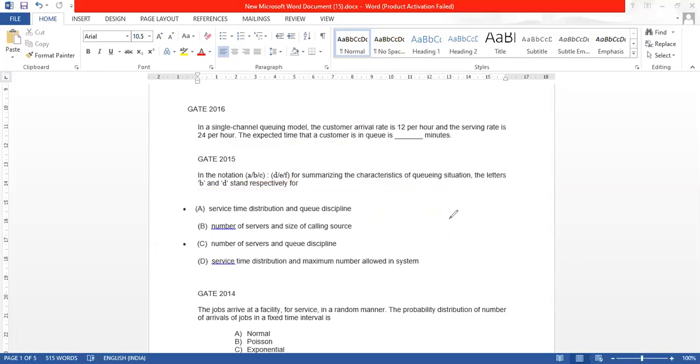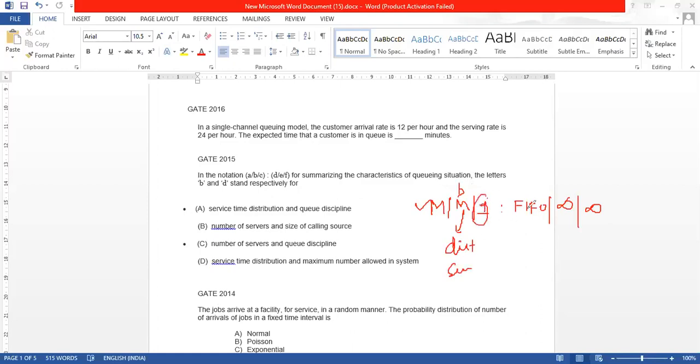You don't read continuously. I discussed a few days back what these things are. The model we are studying is M/M/1/FIFO/infinity. A, I said, is the arrival pattern. B gives us the service pattern, service distribution.